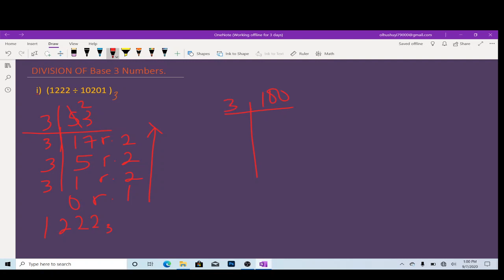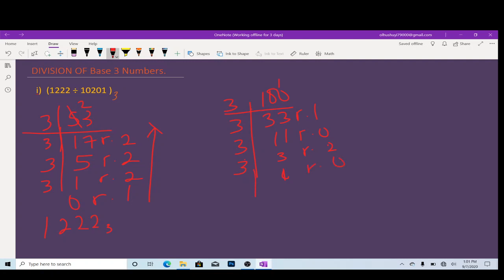Base 3. 3 here is 3 remainder 1. 3 remainder 1. 11 remainder 0. 3 again. Have a 3 remainder 2. 3 again. 1. 3 in 3 is 1 remainder 0.